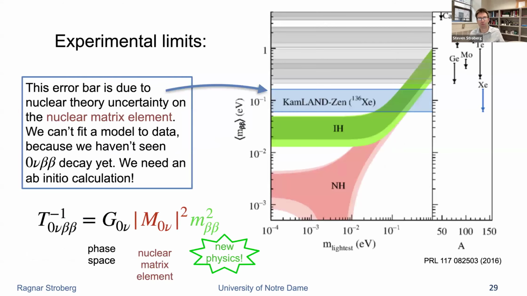Well, I'll remind you that there's basically this experimental limit from not seeing double beta decay. And this band here is dictated essentially by this nuclear matrix element M0ν there. And that's the thing that we want to calculate ab initio.